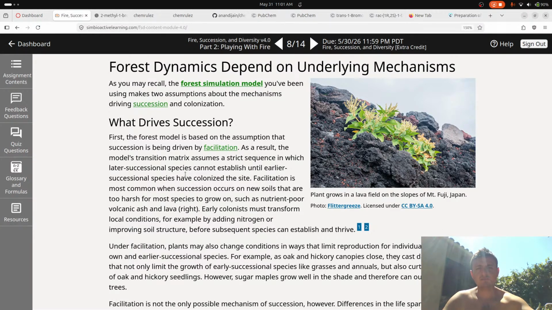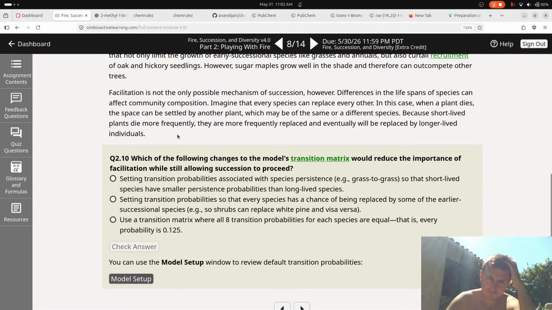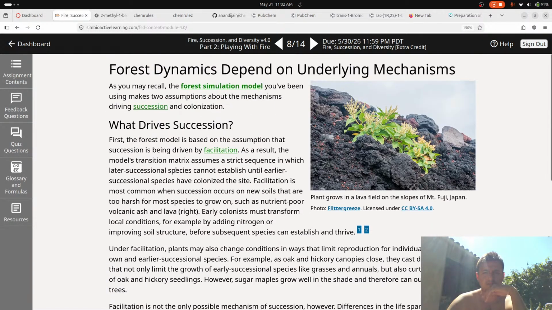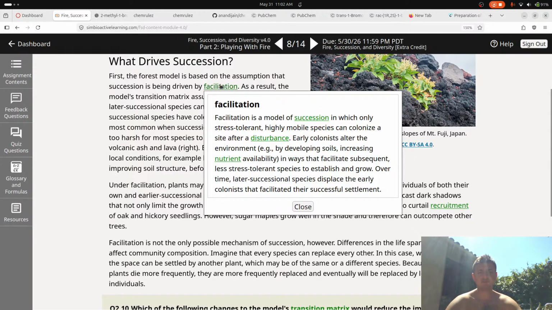Forest dynamics depend on underlying mechanisms. Which of the following changes to the model's transition matrix would reduce the importance of facilitation while allowing? Okay, I gotta read it then. What drives succession? First, the forest model is based on the assumption that succession is being driven by facilitation.